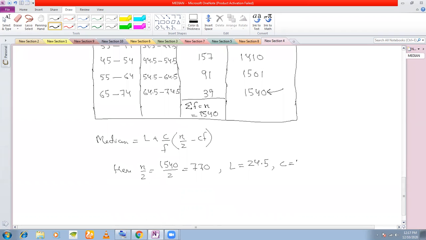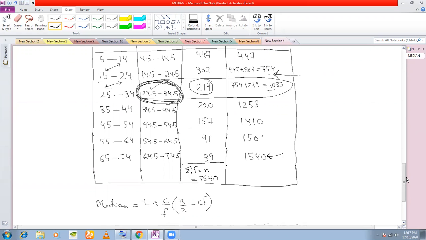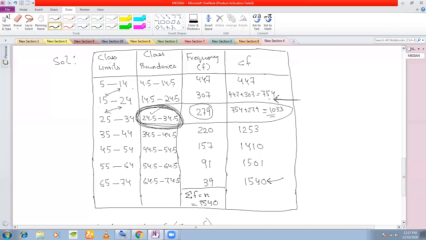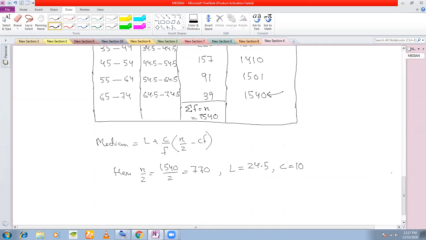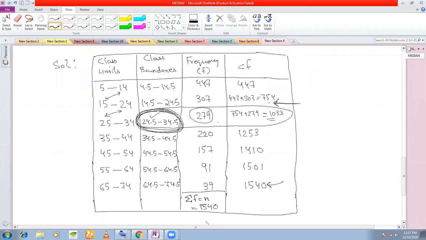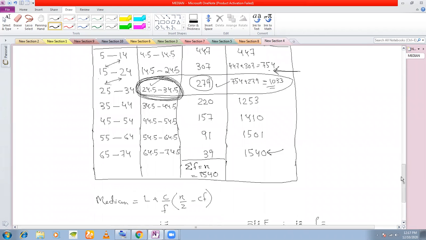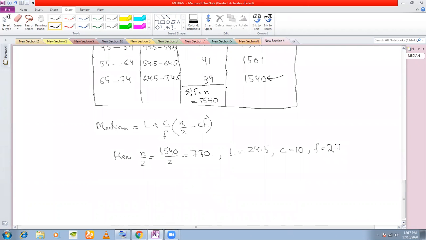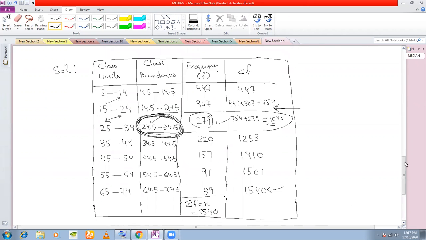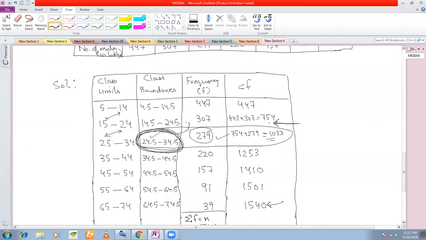Next, the frequency of the median class is 279. And CF is the cumulative frequency just above the median class. Just above the median class is this class, and the cumulative frequency is 754.